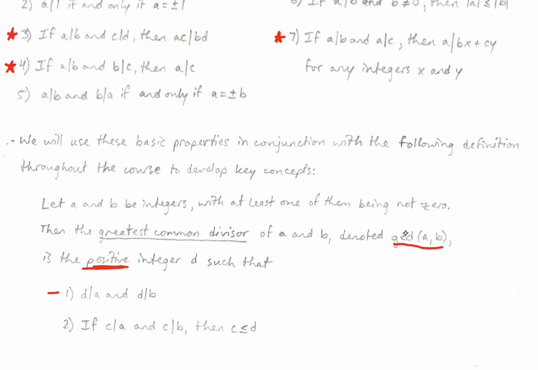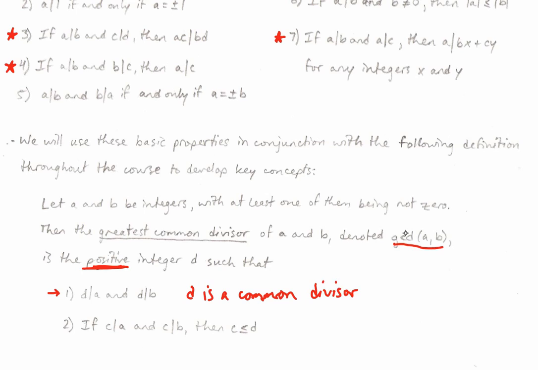Condition number 1 here, just saying d divides a and d divides b, shows that d, what we claim is the GCD, or the greatest common divisor, is indeed a common divisor of those two numbers a and b. So this just shows d is a common divisor.